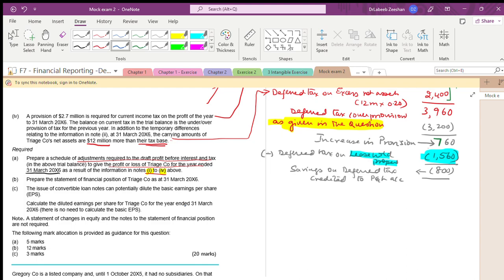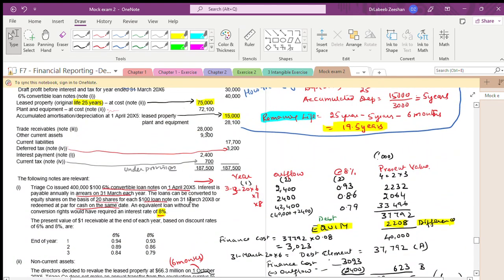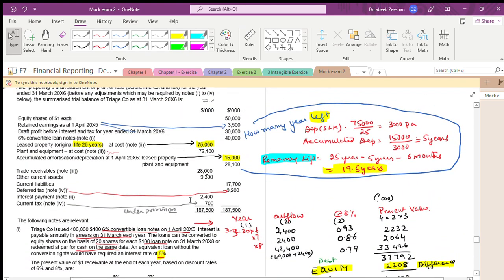Now, how much is the profit before interest and tax? They have given it.